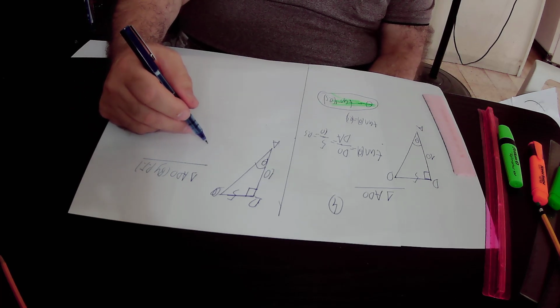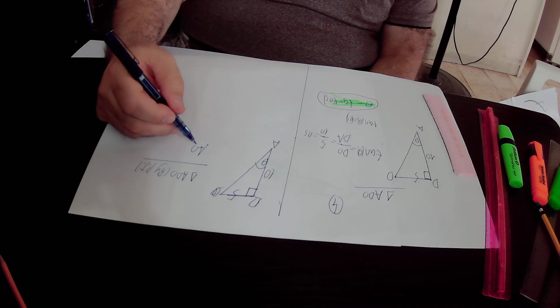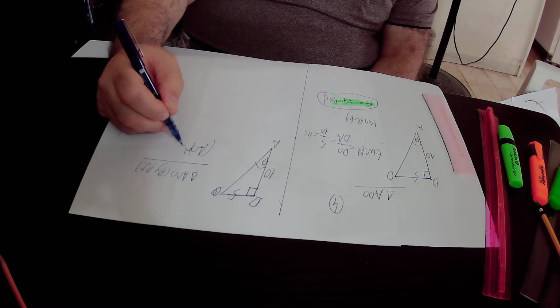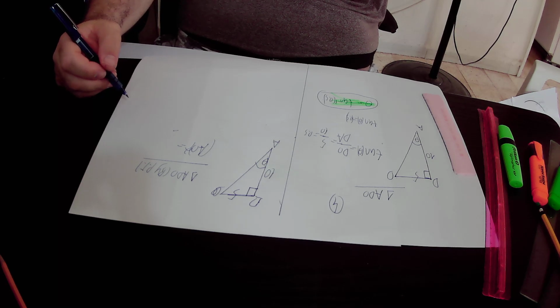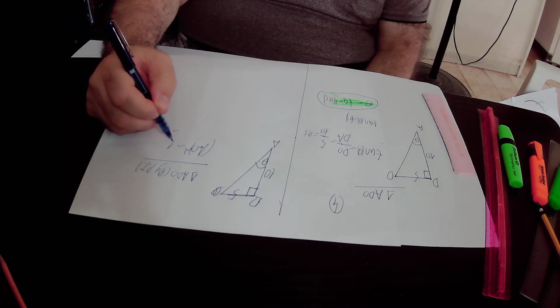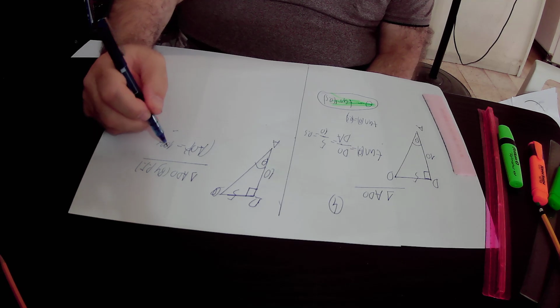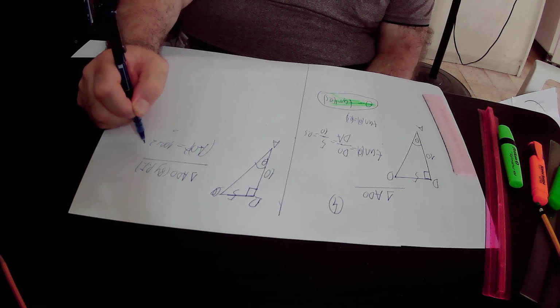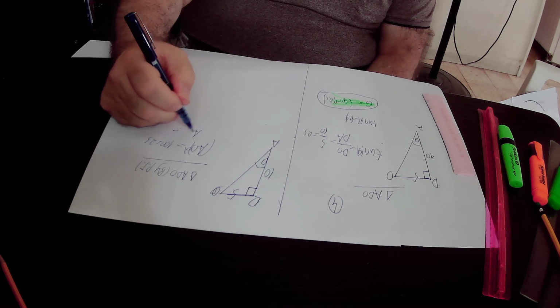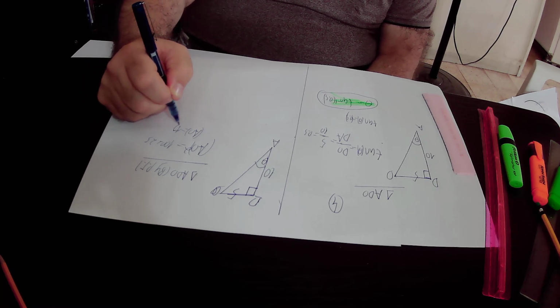That is, AO squared equals AD squared, that is 10 squared, which is 100, plus DO squared. DO is 5, so DO squared is 25. So AO squared equals 125.